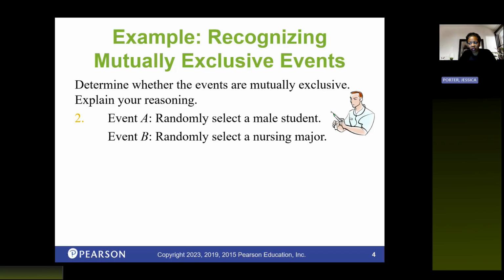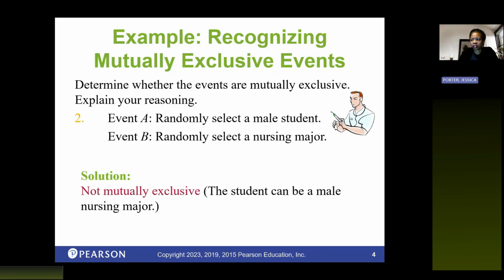Randomly select a male student, randomly select a nursing major. Yeah, both could be true at the same time. You could have a male that's a nursing major.